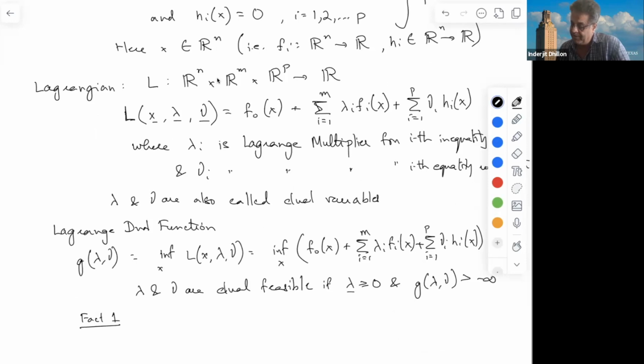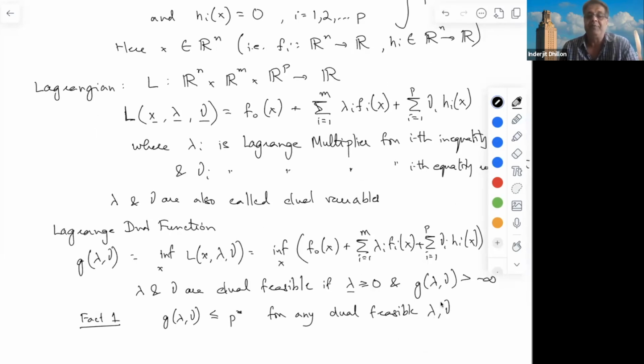The first is that g of lambda, nu is less than or equal to p star for any dual feasible lambda, nu. This means that if you have any dual feasible lambda, nu and plug it in, it will be a lower bound for the primal solution. Here p star is the primal optimal.